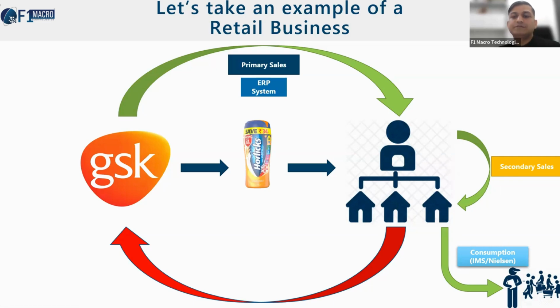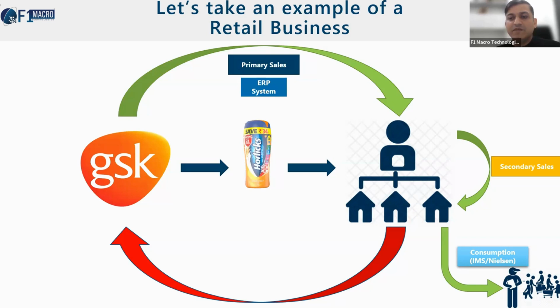Now the third level, the consumer. For example, I am a consumer and I have to buy something, maybe Horlicks 1 kg, a chocolate flavor or vanilla flavor. I will go to that particular store and buy that product, and they will do a billing for me, maybe an automated billing.